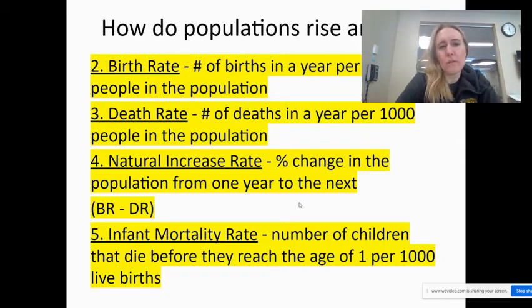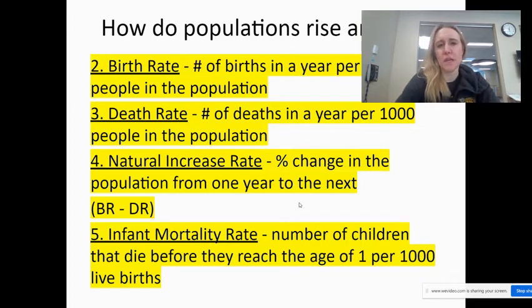In order to figure out how many babies are being born in a country, on average, we want to use a number that tells us how many children are being born per person.